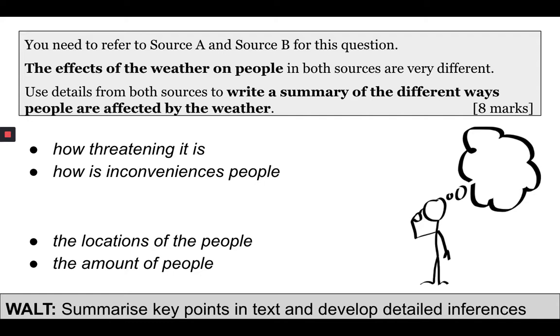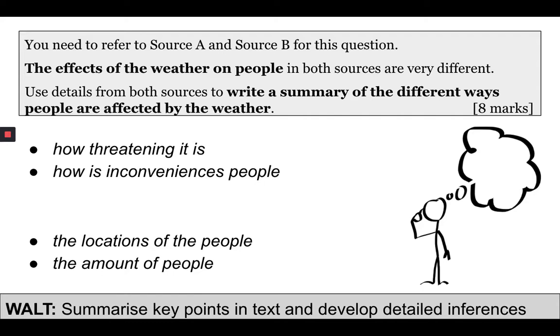And also the amount of people you want to think about. So there were very few people on Mount Everest. I know it says about 30, which may sound like a lot, but not really when you're on a mountain. It's quite a few people versus a city of a few million people. Okay, maybe not in the 1800s, but it was a couple 100,000 perhaps at that point. So you maybe want to weave some of those ideas into your inferences.